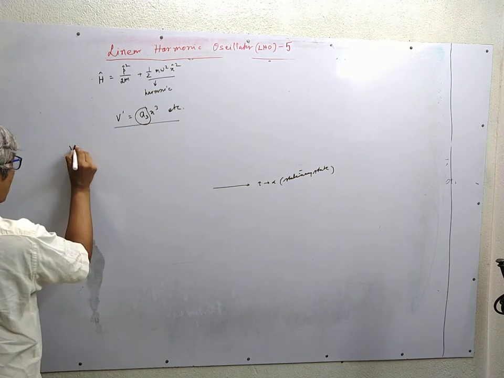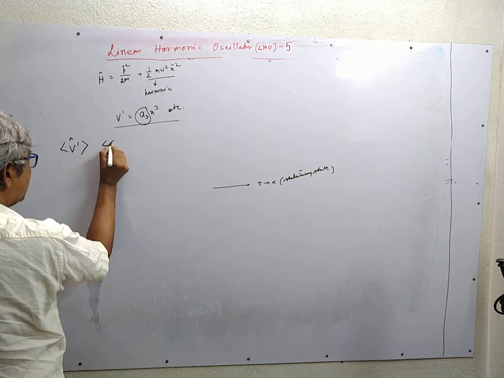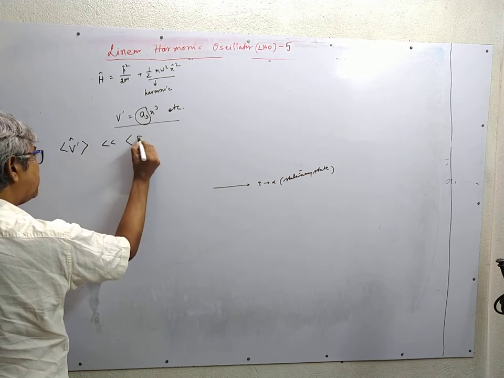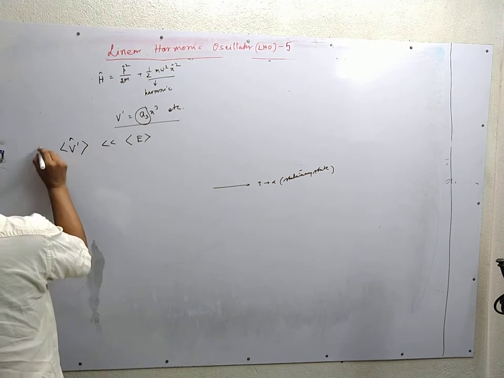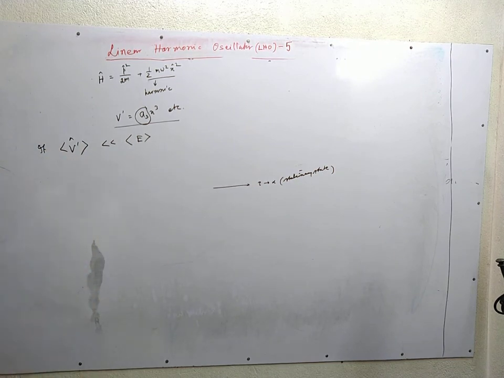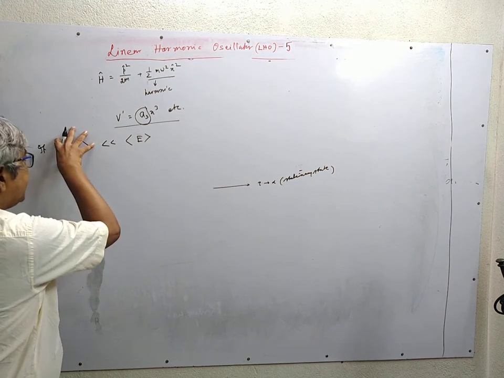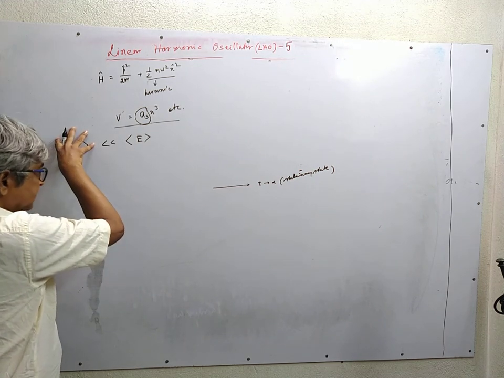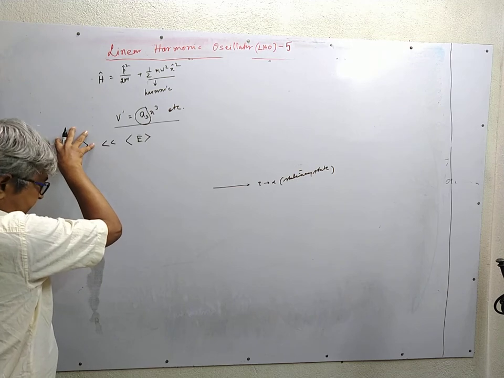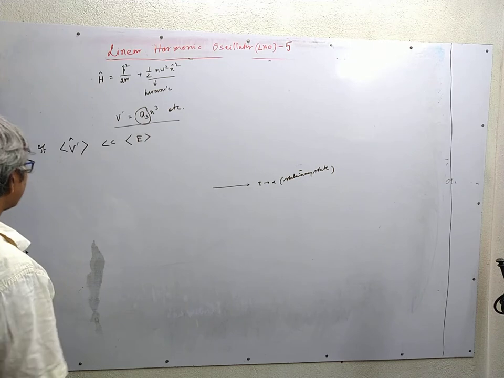If we know that the expectation value of V prime is much less than the expectation value of energy, if so, then we can say that the system is still harmonic, and there will be a certain changes over the harmonic oscillator states. That is, the particle may make a transition from one state to another state.